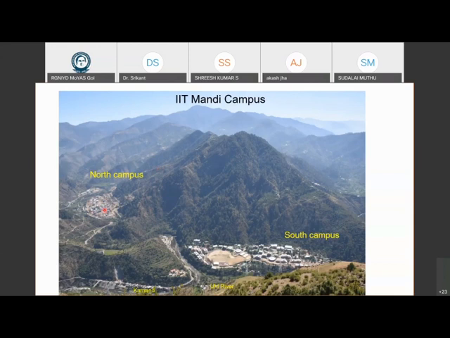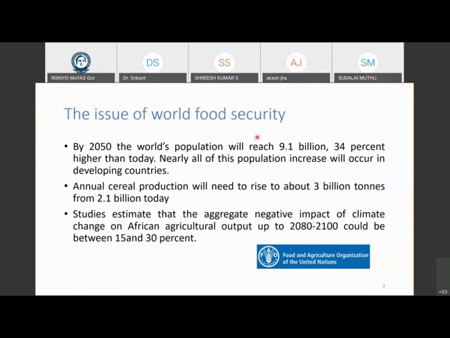And of course, while there is all this peace in our surroundings, there are also big problems in the world, and an important one is that of food security. According to the United Nations Food and Agricultural Organization, by the year 2050, the world's population will reach about 9.1 billion.